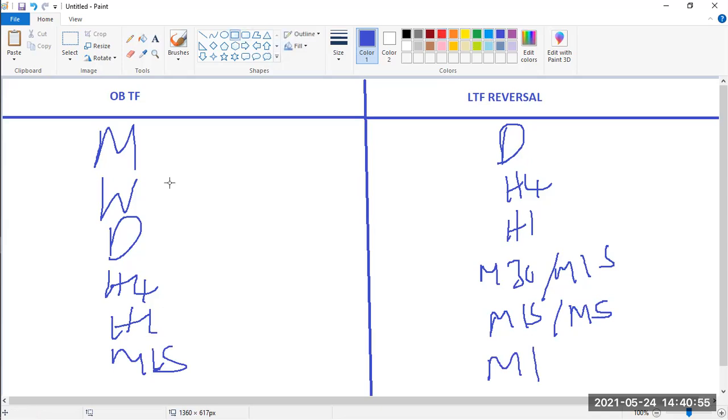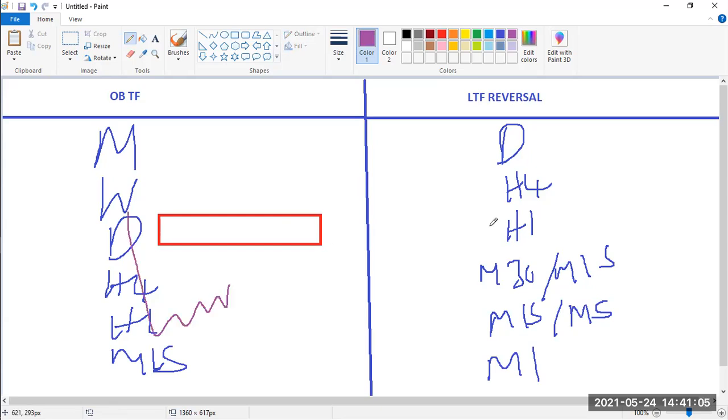So it means if this is the daily order block and the price is now coming back, you are going to go to 1 hour and look for a type 1 or type 2. So if you go to 1 hour and then you see a type 1 like this, then it means the order block on daily is working. But if there's no reversal, price is just going up like this, do not sell.